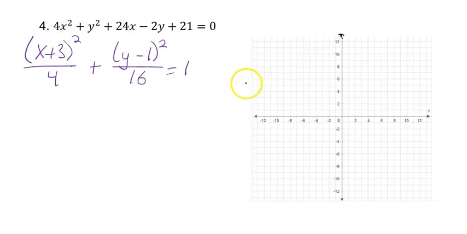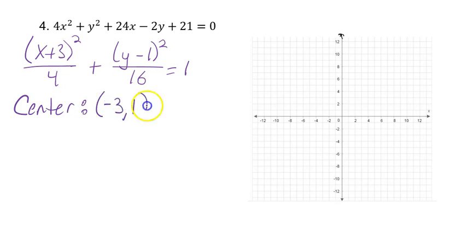Okay, so now that I have my equation in standard form, I want to do the same stuff that I have been doing. So my center is where? Negative 3, positive 1. My A is 2, and my B is 4. And again, I have a vertical example.